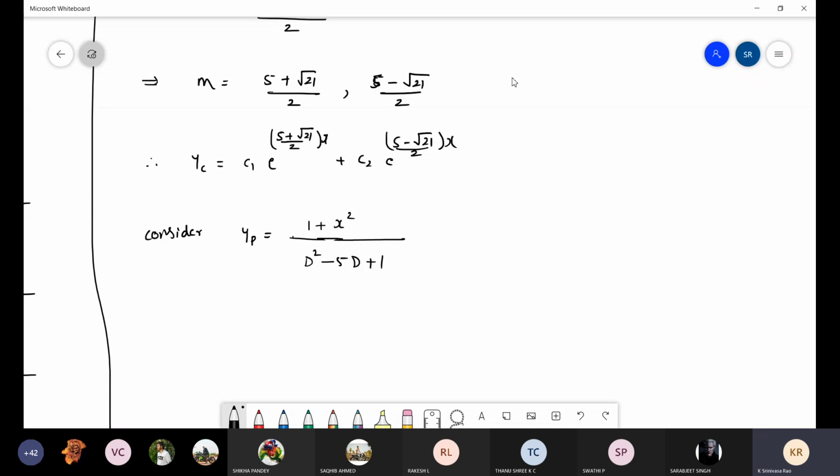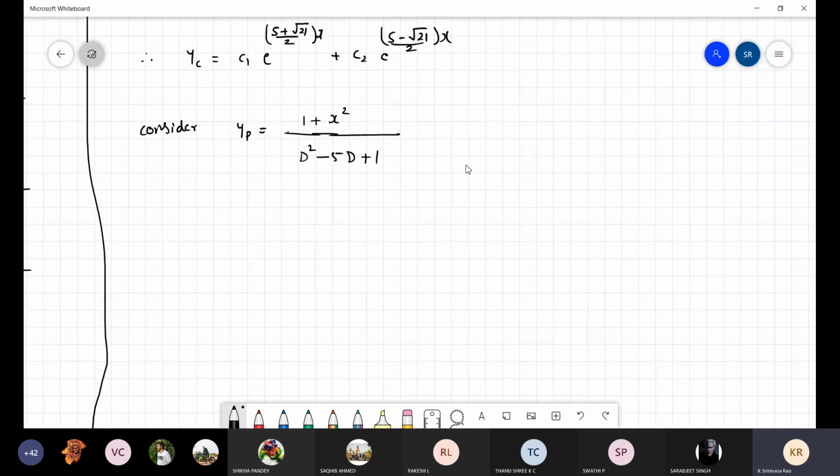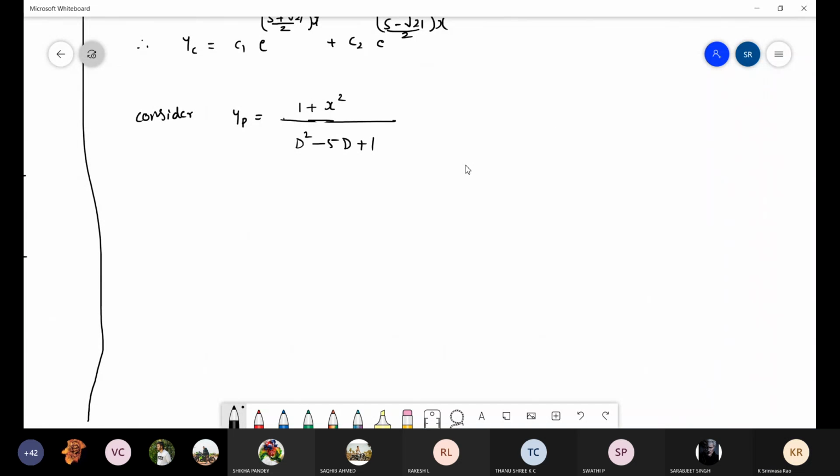D square minus 5d plus 1. Yes, follow the same procedure. 1 plus x square, I have to write like x square plus 1 in decreasing order. D square minus 5d plus 1 can be written as 1 minus 5d plus d square in increasing order.